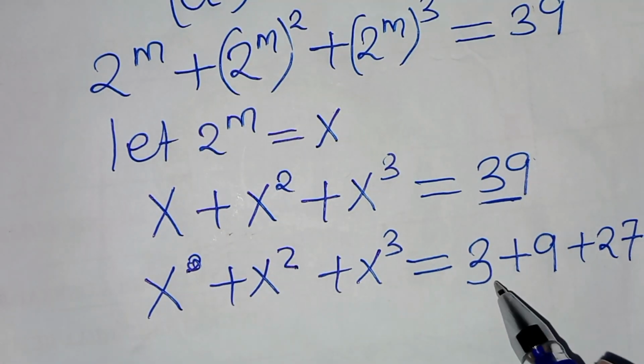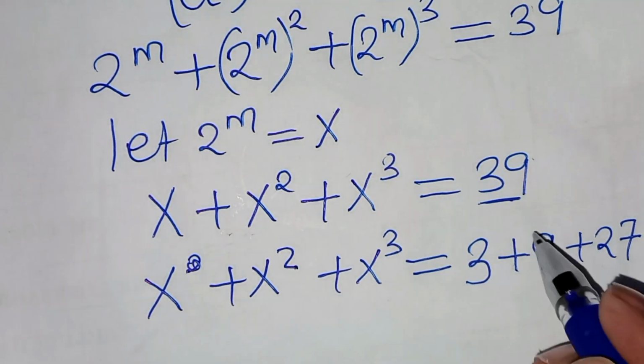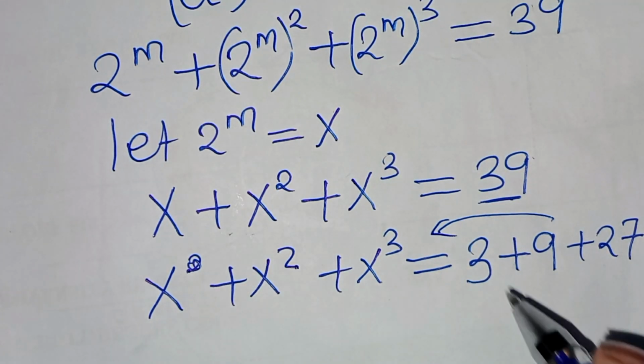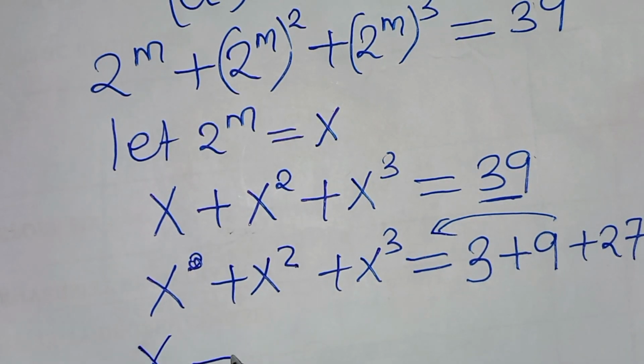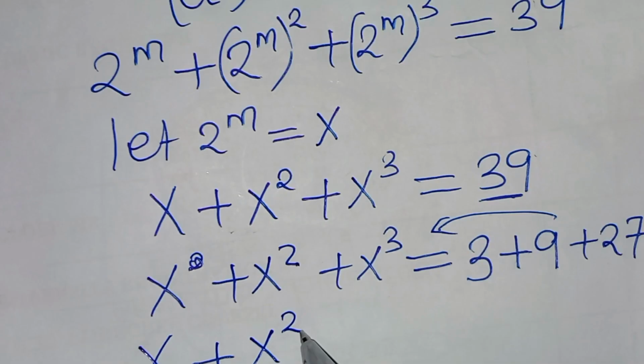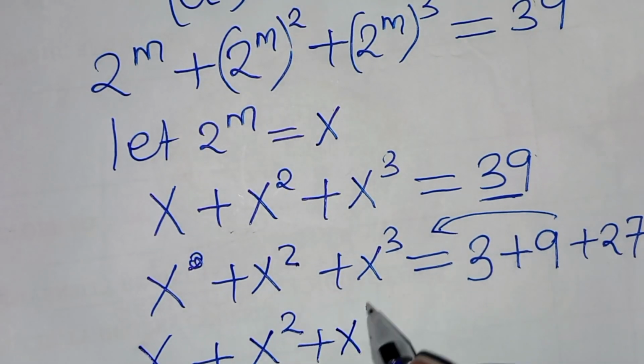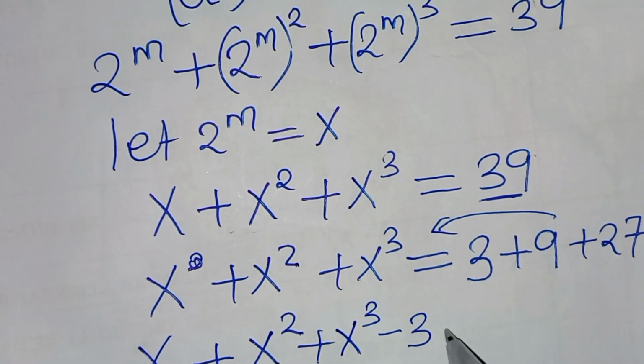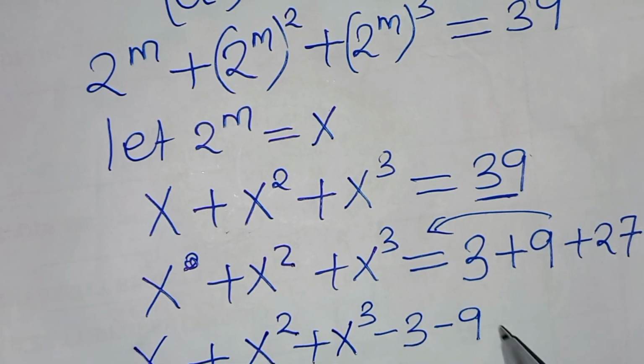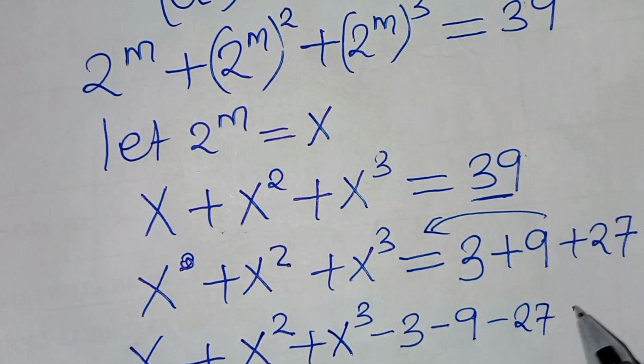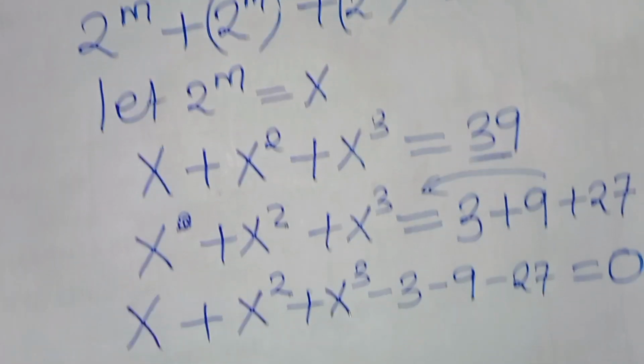Now, let's take 3 plus 9 plus 27 to the left hand side. So you'll have x plus x squared plus x to power 3, subtract 3, subtract 9, subtract 27, equal to 0.